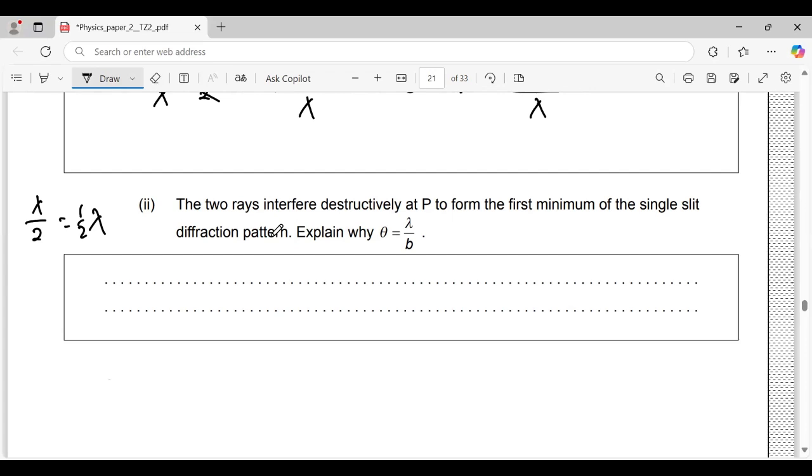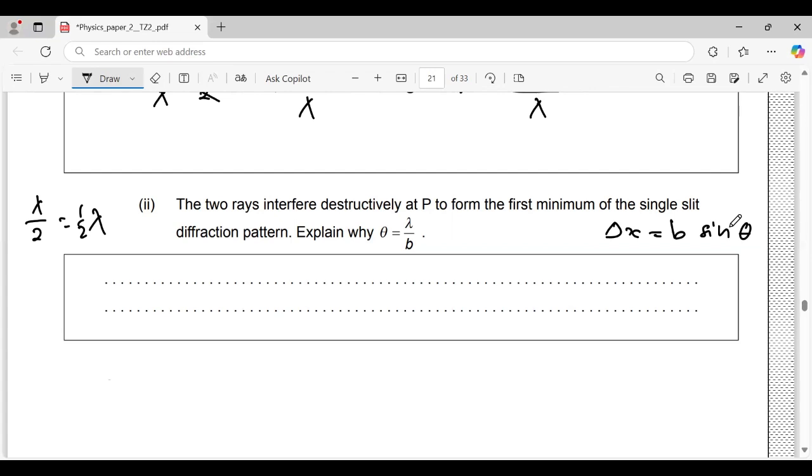Again, it's happening when the path difference between two rays is equal to one wavelength, one lambda. We have the path difference delta x equals b sine theta.